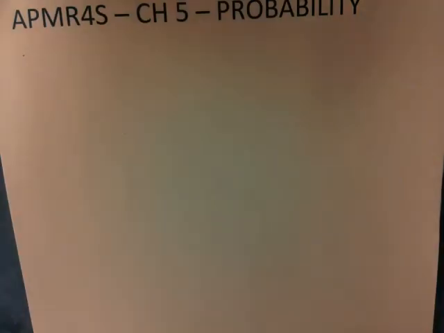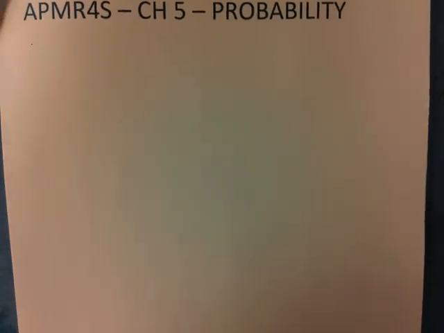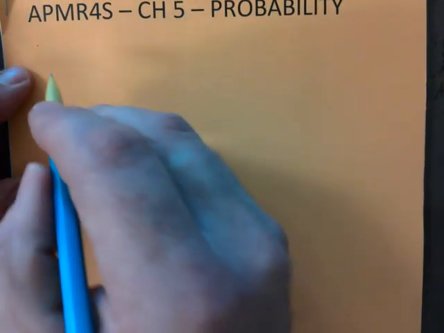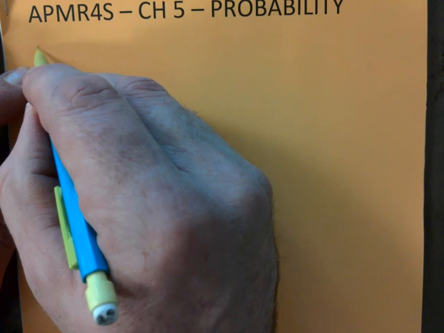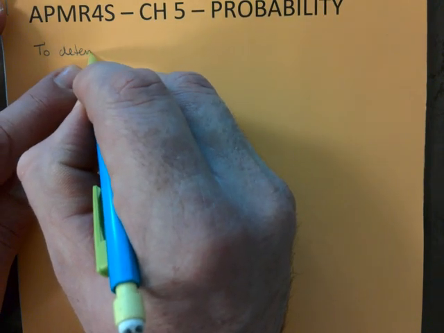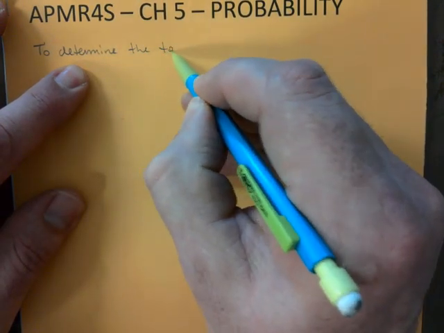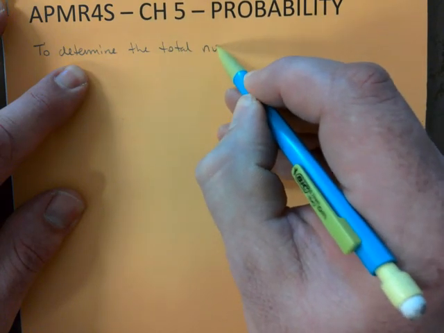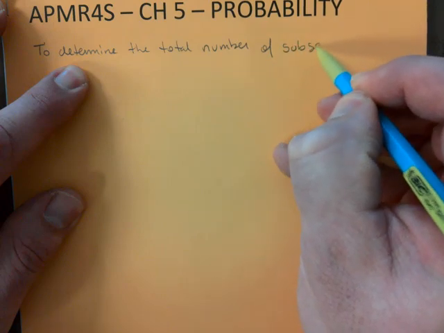Hey, listen up here. This actually belongs to chapter 3, but can also be used everywhere else. To determine the total number of subsets, you remember that?